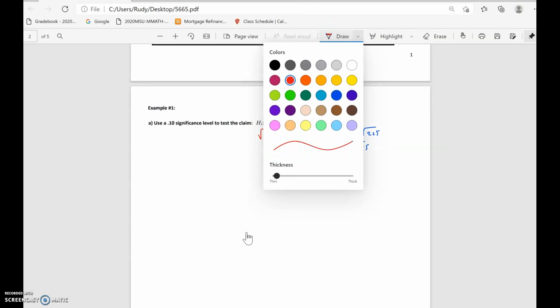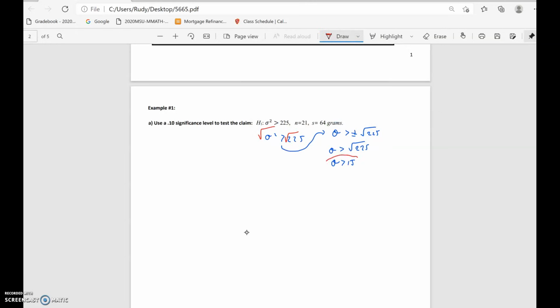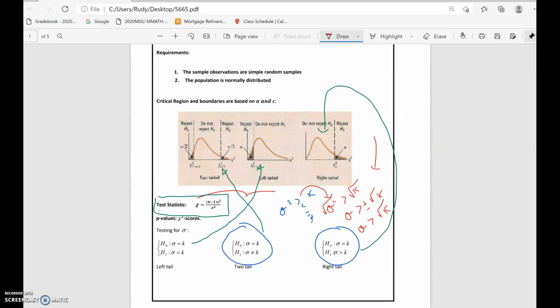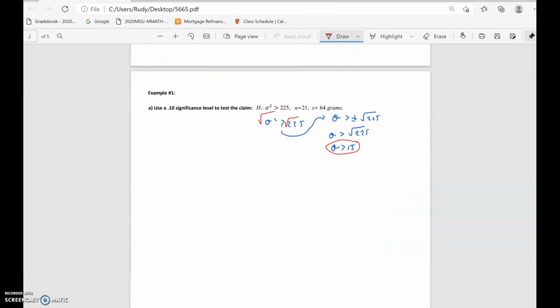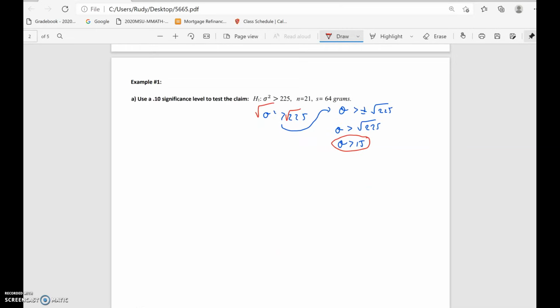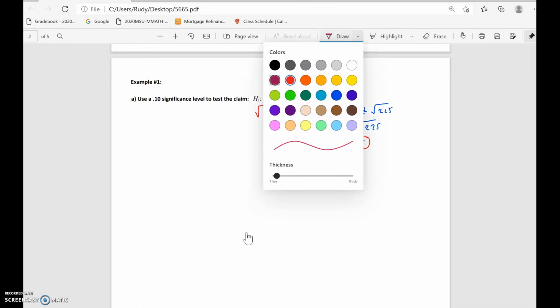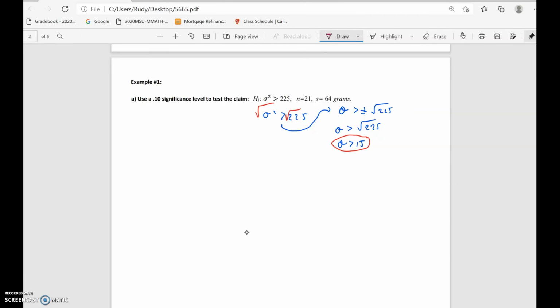So sigma is greater than the value of 15. We would always use the actual positive value. The result of taking the square root does provide a plus or minus, but because the chi-square distribution is always positive, no need to use the negative. So we're going to start with the claim, and it's going to have the same outline that we did before.